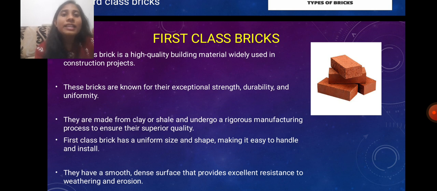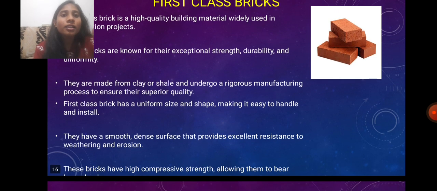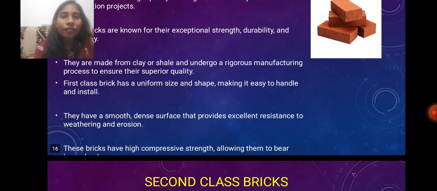First class bricks have a uniform size and shape, making them easy to handle and install. They have a smooth, dense surface that provides excellent resistance to weathering. These bricks have high compressive strength, allowing them to bear heavy loads in heavily constructed buildings.